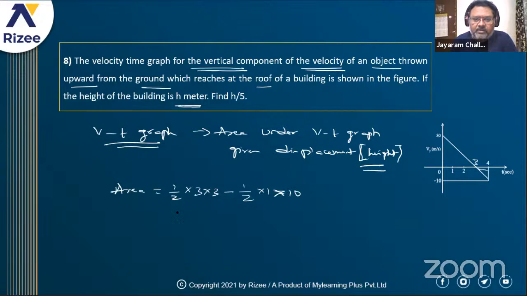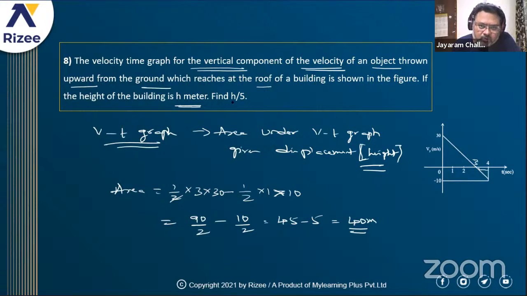So this is 90 by 2 minus 10 by 2, which is equal to 45 minus 5, that is equal to 40 meters. So he is asking h, total height, is going to be this much. So h by 5 value is going to be 40 by 5. That should be the 8. This is the one he has asked. 8 meters.